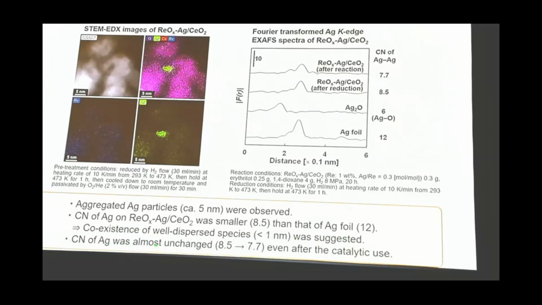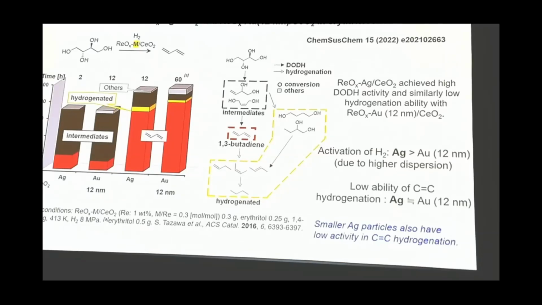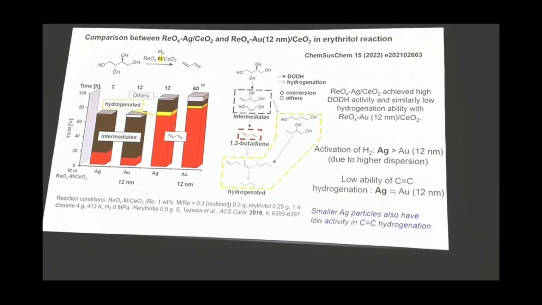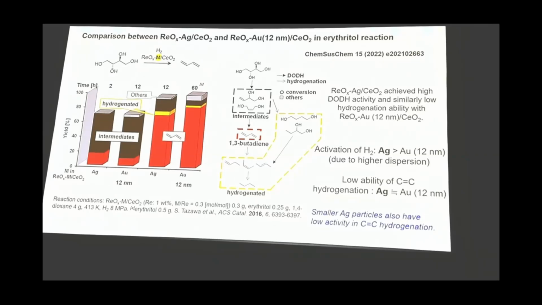The coordination number of the silver almost did not change, even with the catalytic use. Therefore, this rhenium silver ceria catalyst has both smaller silver particles and large silver particles. But this is a comparison between the silver and the gold, gold 12 nanometers.